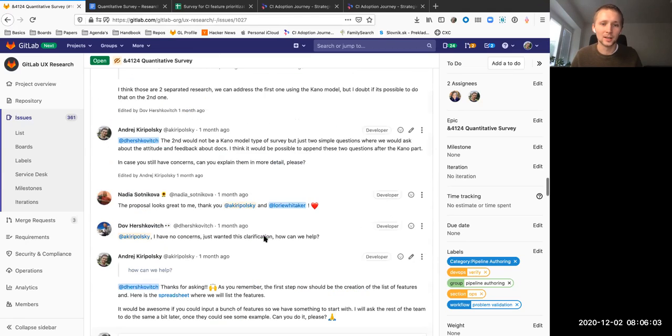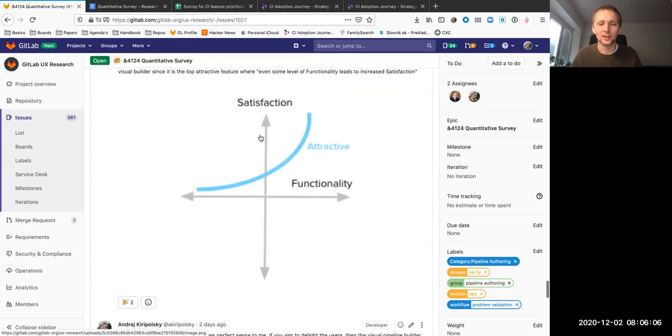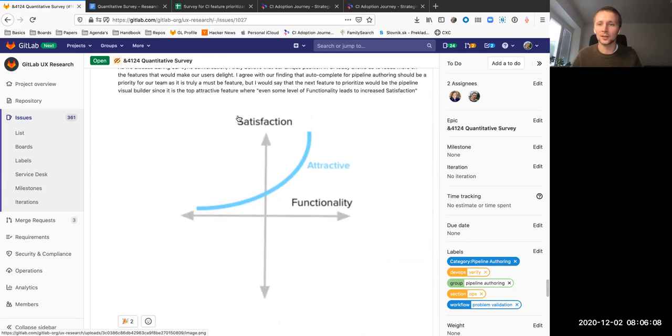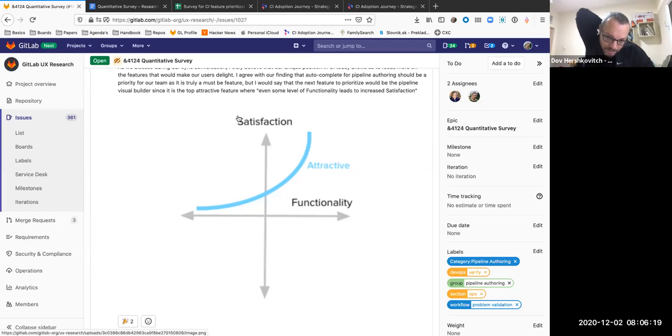Dov shared this graph, and there are graphs for all of these different categories in the article that I shared.